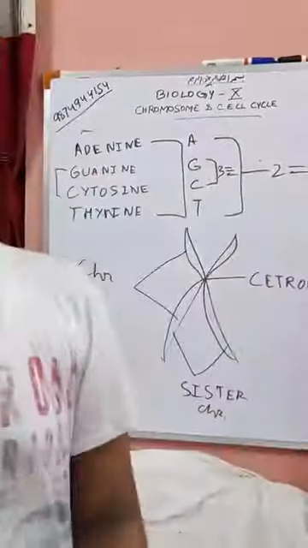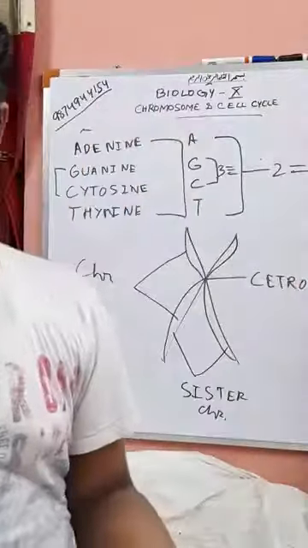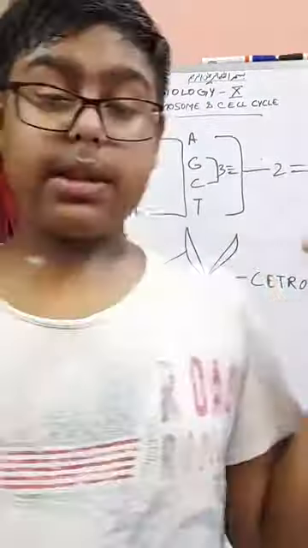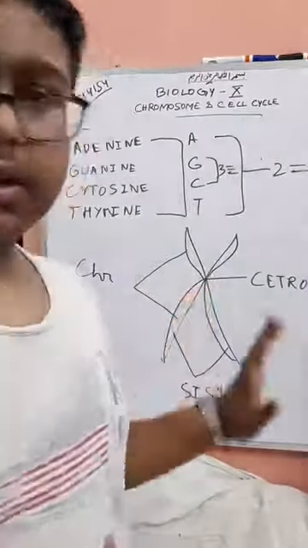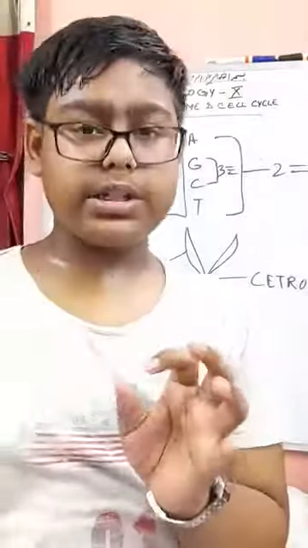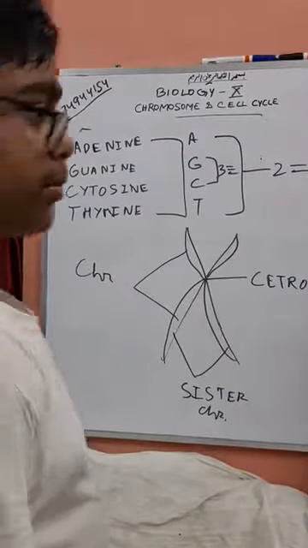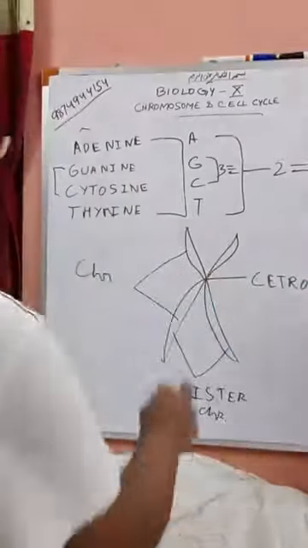Now this centromere joins the two duplicated chromatids together and forms a single chromosome. This chromosome, as we had studied in the lower classes, is basically an X-shaped structure, except the Y chromosome and some other few chromosomes. Like the mutated ones, they have a different structure. The Y chromosome is the smallest chromosome of all. Now this X-shaped chromosome will have a centromere joining the two chromatids together.